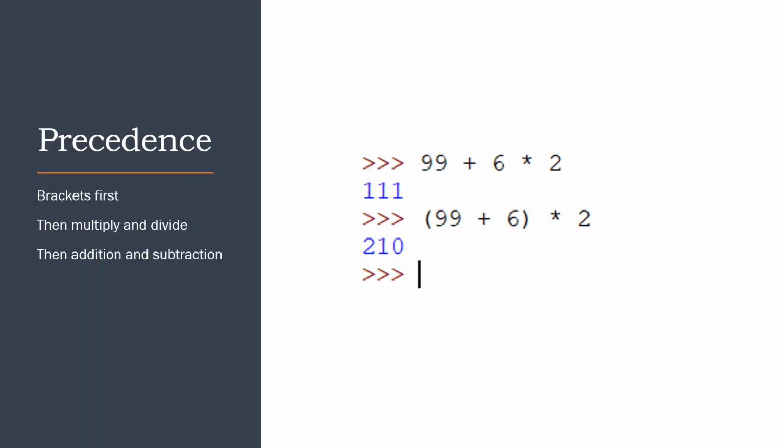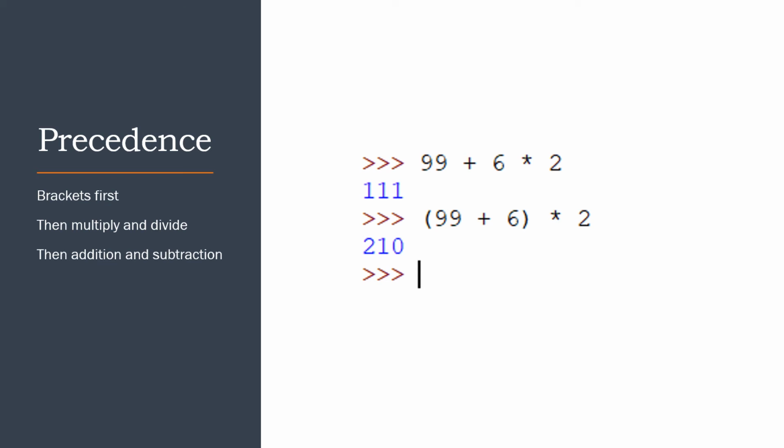When the computer's evaluating the numerical expression, it will use precedence. Precedence means it works out the result of some of the operators before others. So that top expression, 99 plus 6 times 2, the computer works out 6 times 2 first, 12, then adds it to 99 to give the answer 111.